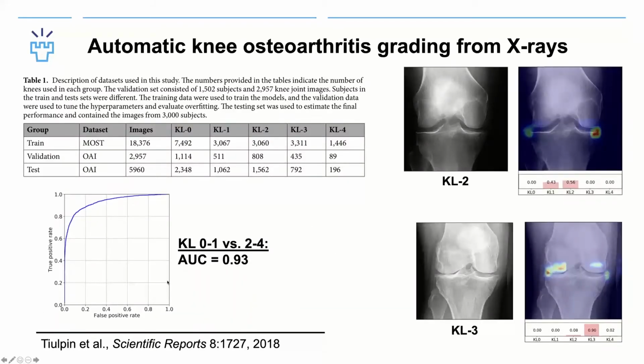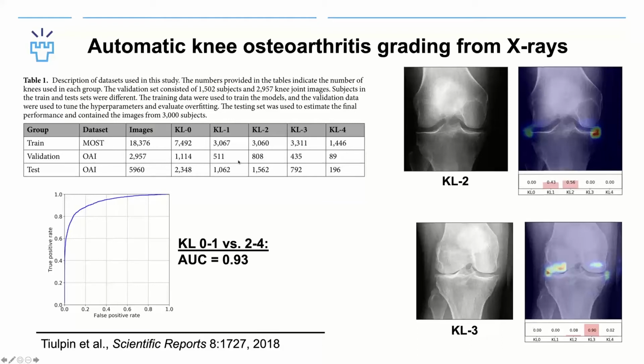If we look at the binary classification, in radiographic osteoarthritis grade 0 or 1 is counted as healthy, and grades 2, 3 and 4 are counted as osteoarthritic.